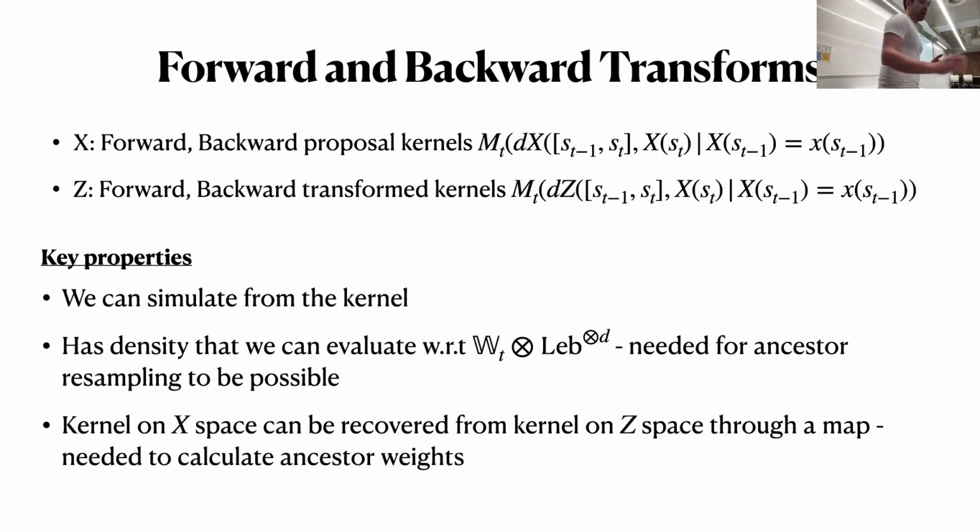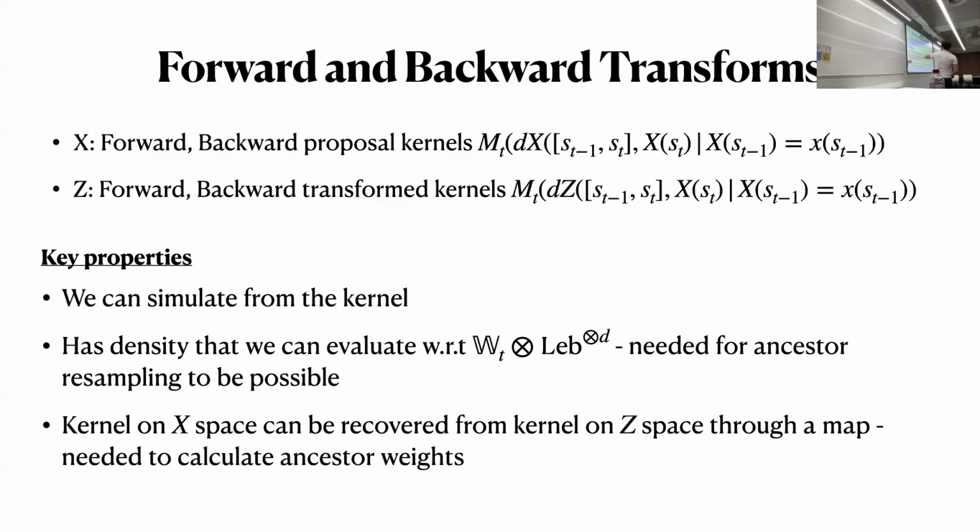I have omitted technical details here just to give intuition for what these transforms are doing. But let me give you some idea of what's going on. We just defined two types of proposal kernel on this X space, a forward one and a backward one.